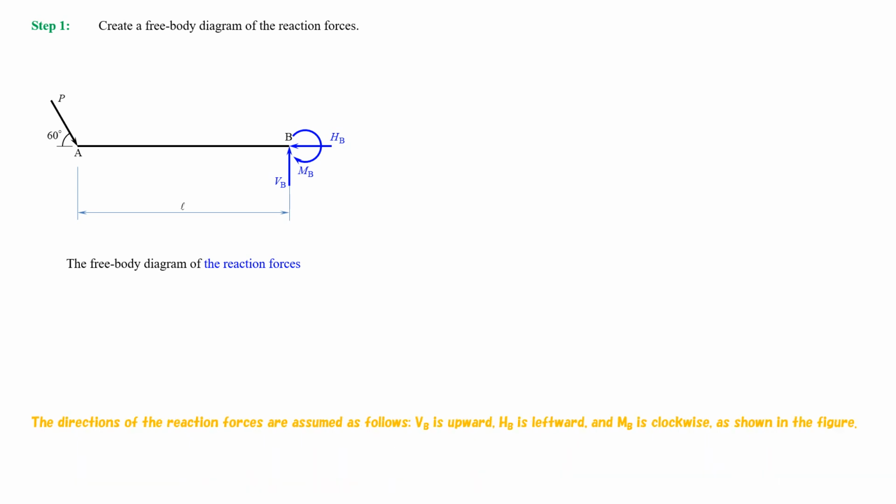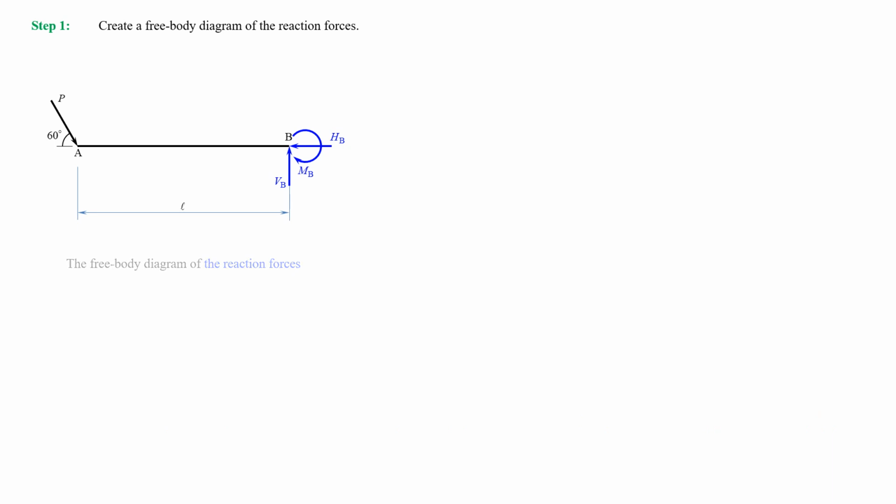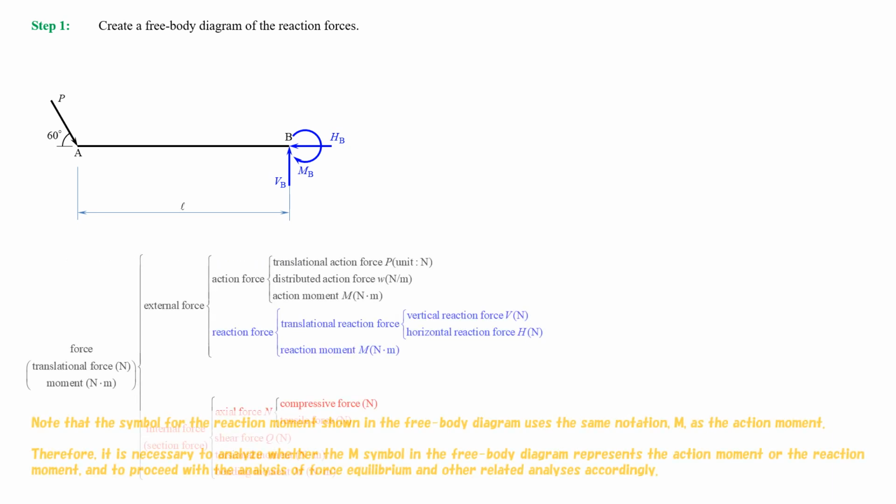The directions of the reaction forces are assumed as follows. VB is upward, HB is leftward, and MB is clockwise, as shown in the figure. Note that the symbol for the reaction moment shown in the free body diagram uses the same notation, M, as the action moment.